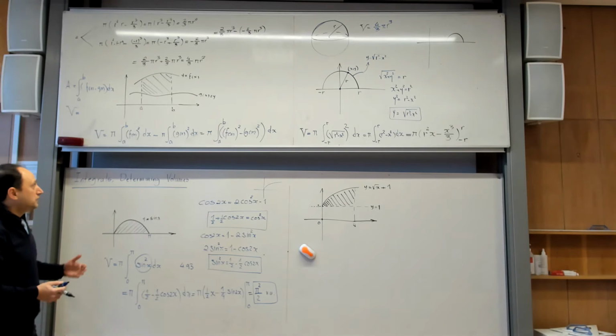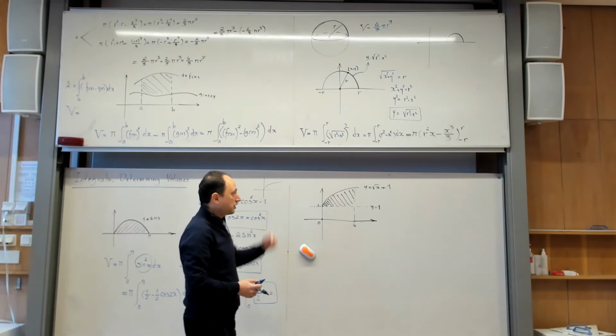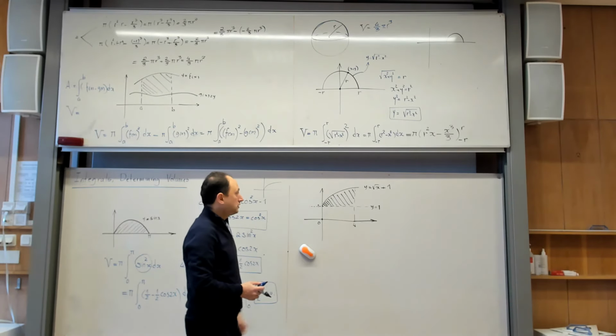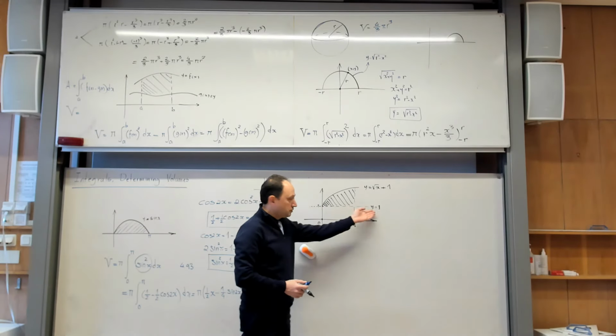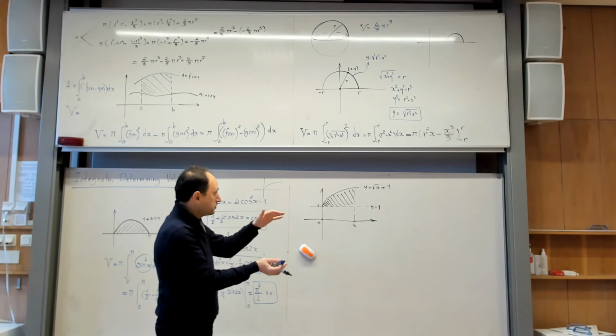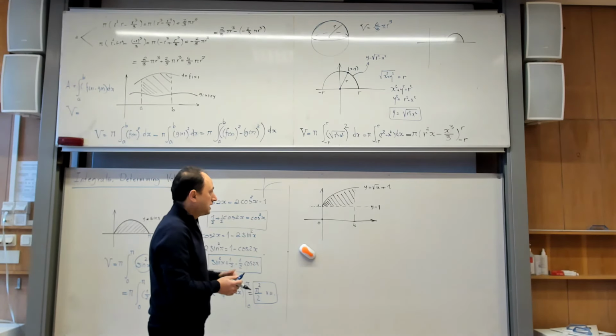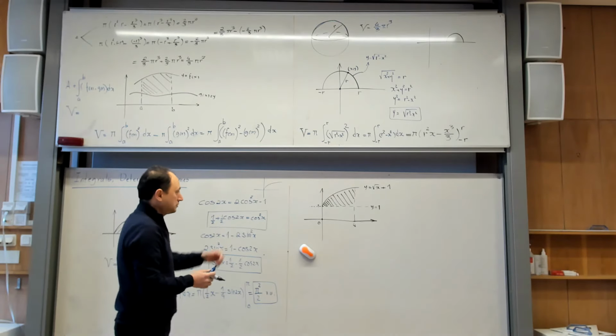I hope that you agree with me that I have to use this formula now, because there are two functions involved. One function is this function. The other function is a very simple function, y equals 1. And this area is enclosed between these two functions. And I want to find the volume when the area is rotated about the x-axis.